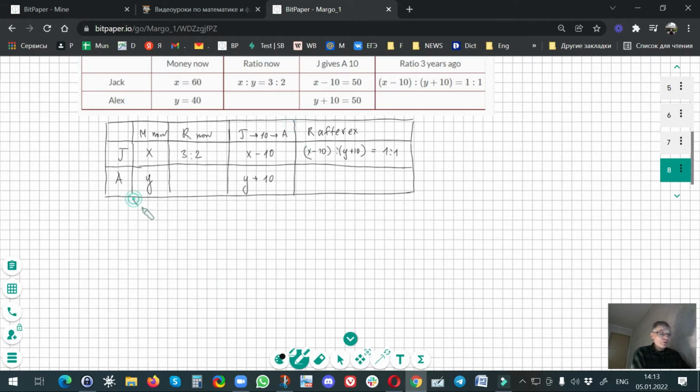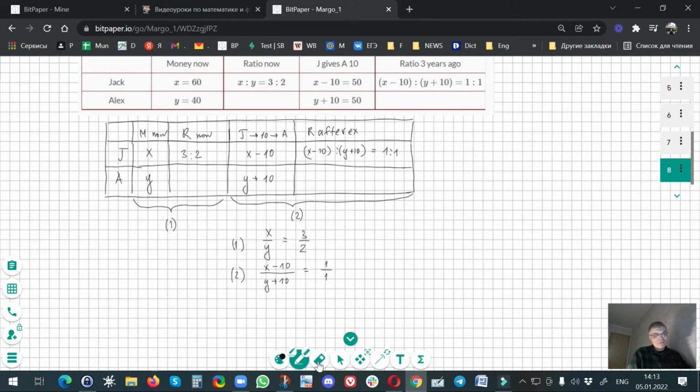So my first equation comes from here, and it reads like that. X over y. Now I will avoid this column, and I'll just write my usual representation of fractions. X to y is 3 to 2, 3 over 2. And the second equation comes from here, which gives me x minus 10 over y plus 10 equals 1 to 1.